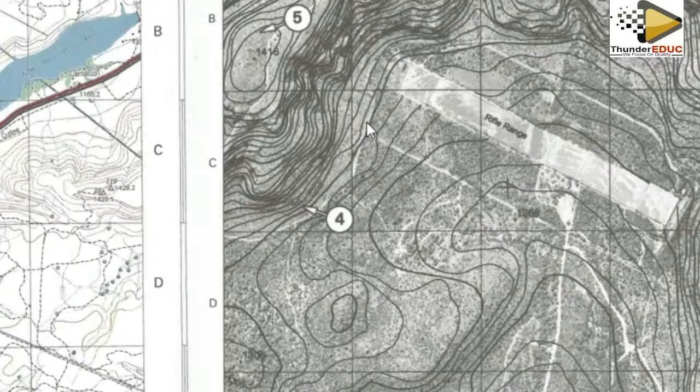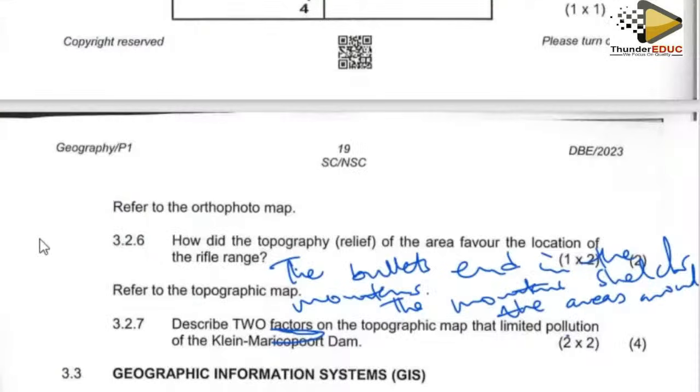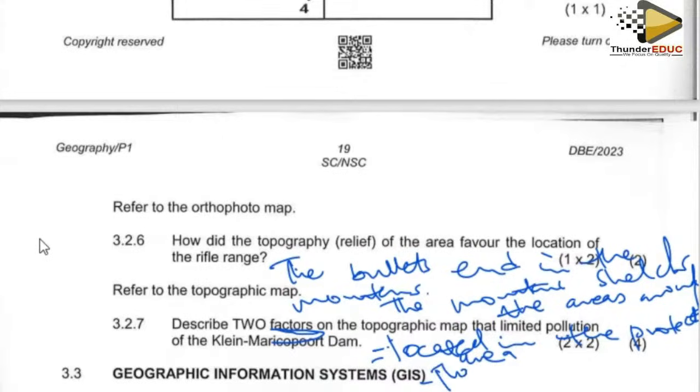Number two, it's located next to the protected area. So here you can see this is a protected area, and when you look at the nature of the relief around, it's mountainous. So here we shall say the two factors: it is located in the protected area, so there is no accessibility at any time.